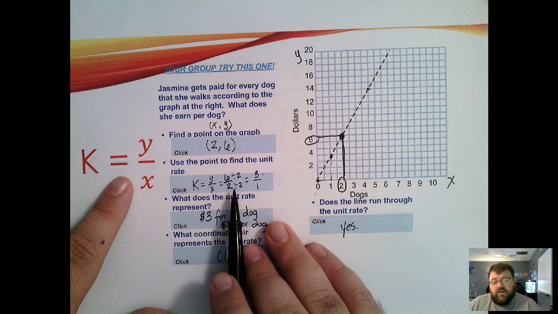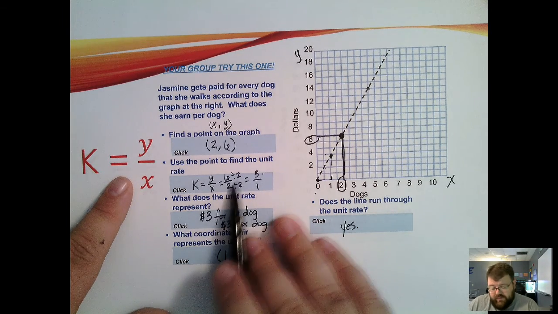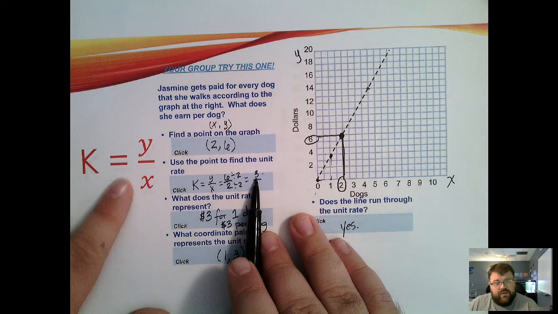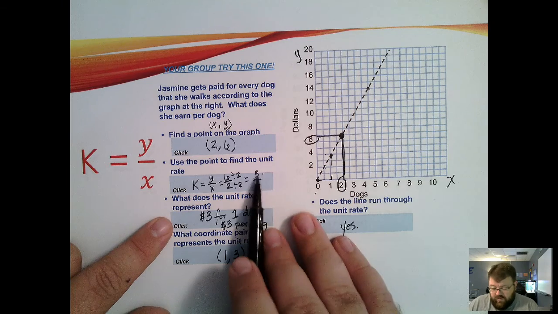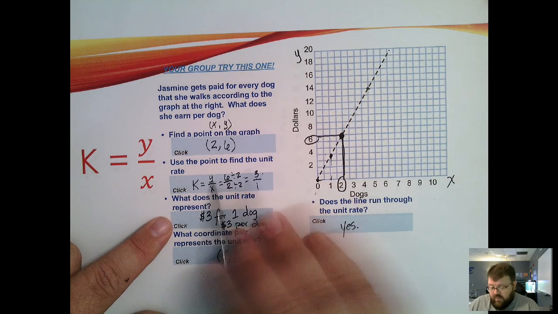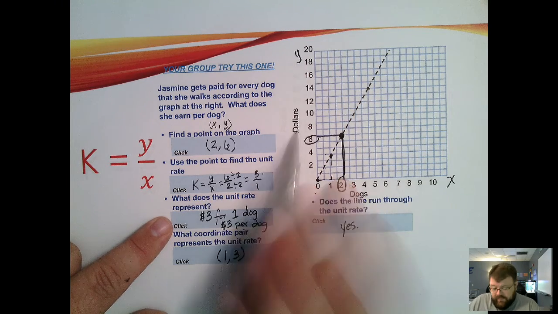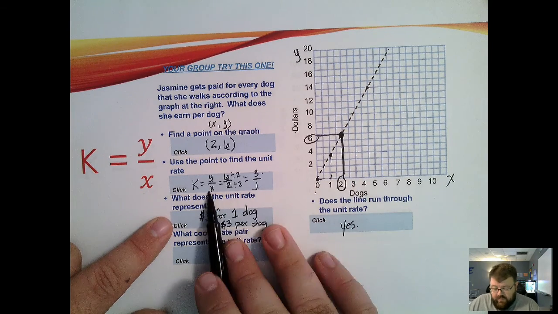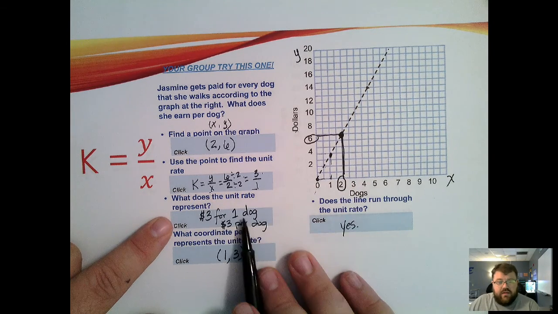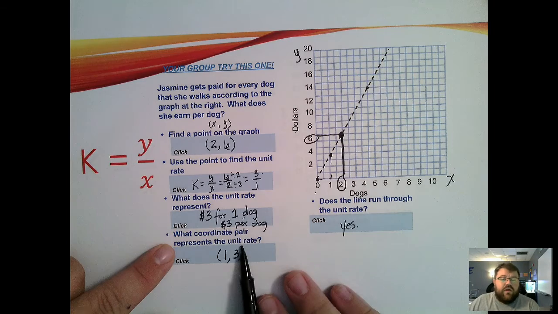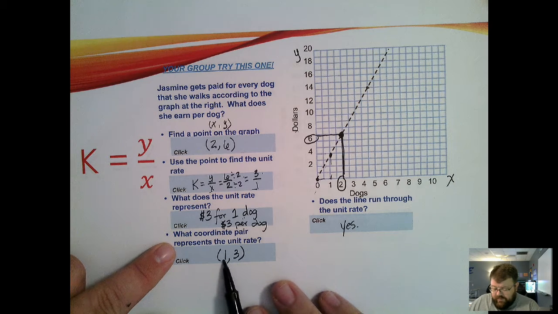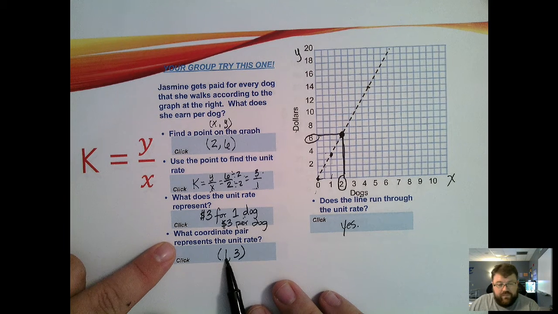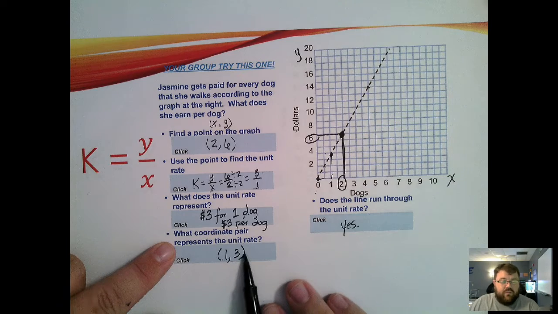Divide the numerator and the denominator by the denominator to get your unit rate. In context of the problem, what does it mean? You had to understand that this was the y value, what the title of the y-axis is. This is the x value, what the title of the x-axis is, and that got you to here. And then from here, the unit rate as an ordered pair is 1, 3.